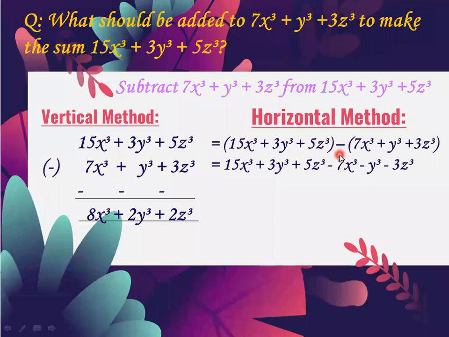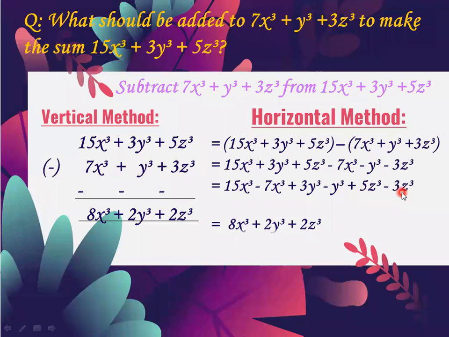Now in the next step, you are going to combine all the like terms together, that is 15x cube, then minus 7x cube, then plus 3y cube, then minus y cube, then plus 5z cube, and the last one is minus 3z cube. And now you are going to perform subtraction here. Simply 15 minus 7, it will become 8x cube, then 3 minus 1, it will become plus 2y cube, with the plus sign because 3 is greater, and then 5 minus 3, it will become 2z cube, and we place the plus sign because 5 is greater here.